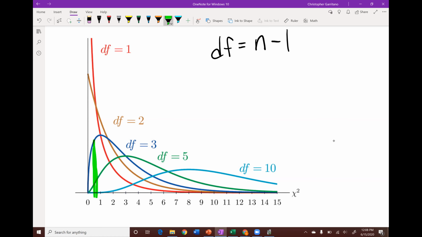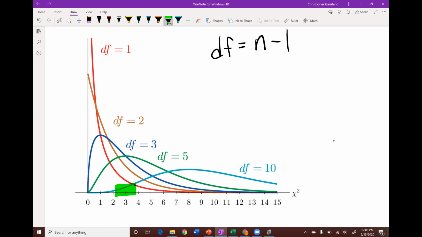That's with a low degrees of freedom. But let's go back up to the degrees of freedom of 10. Look, almost none of the samples will give you a chi-squared value between 0 and 1 or 1 and 2.